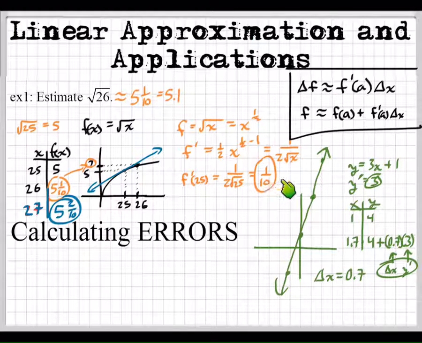We found the slope at 25, which is this right here. Multiply it by 1, which we didn't really do because it's the same thing. And we added that, which was 1/10, to f of a. And f of a, in this case, was 5. Or you can see it right there. So this is how you estimate the y value. This is how you estimate the change in y.